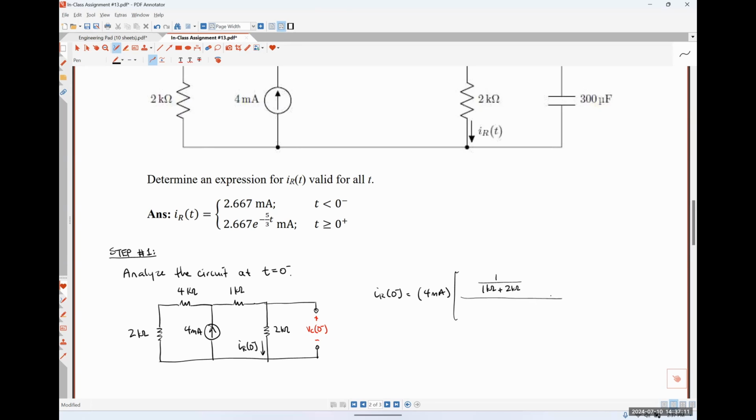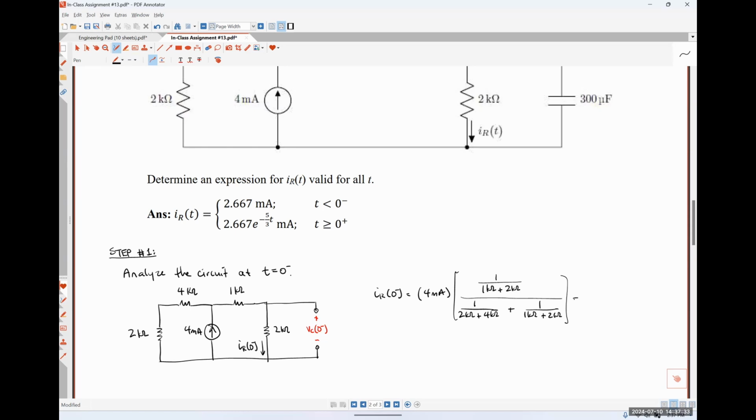And then in my denominator, I just have the reciprocal of my different parallel branches. So that's going to look like 1 over 2 kilo ohms plus 4 kilo ohms plus 1 over 1 kilo ohm plus 2 kilo ohms.